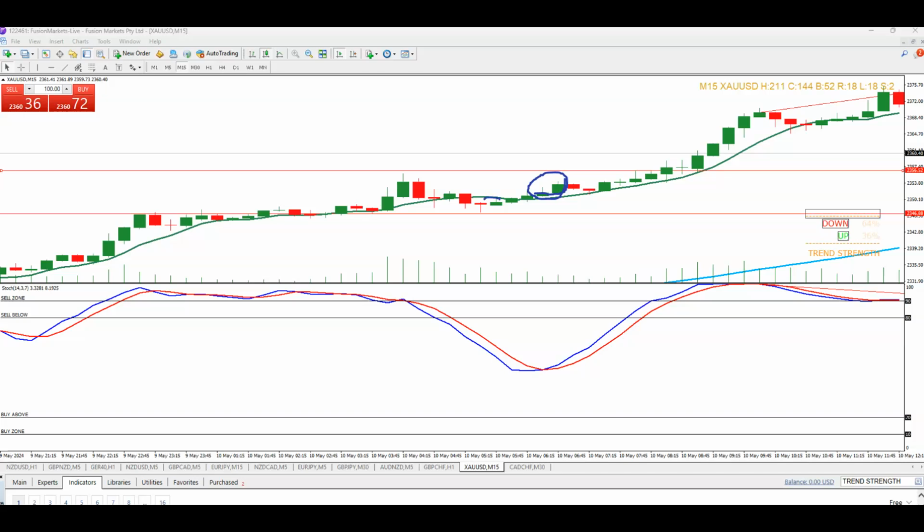Here is no good because the price can do that. Here is good, and then you can have a stop at the swing low here. Go for 2 times risk, and that's an excellent way to trade continuation patterns.